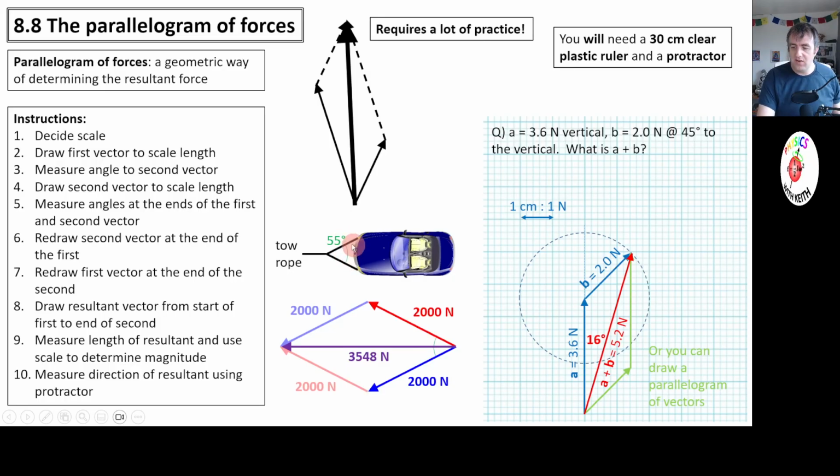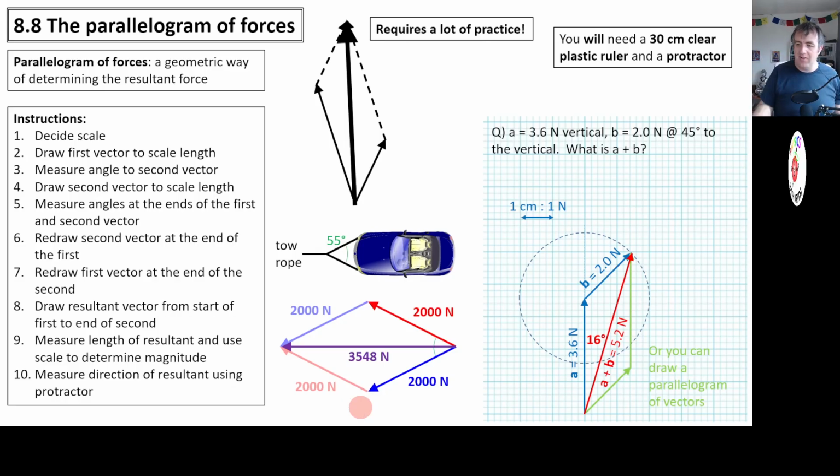So it's 55 degrees between them. We draw our diagram, 2000, 2000 with 55 degrees between them. We know that it's a parallelogram, so that's going to be 55 degrees at the other end here. Okay, 360 degrees, subtract 110 degrees is 250 degrees. Half of that is 125 degrees. So we know this is 125 degrees here and 125 degrees here. I didn't write any of that down. I just did some basic geometry in my head.